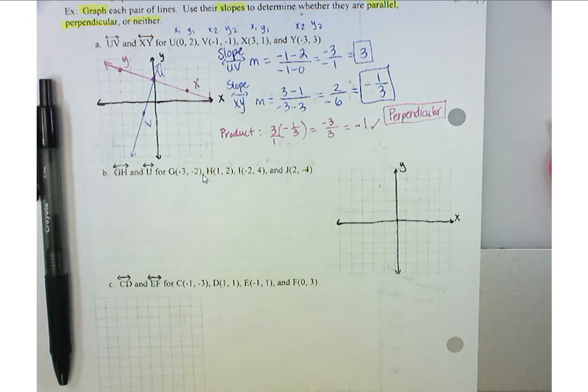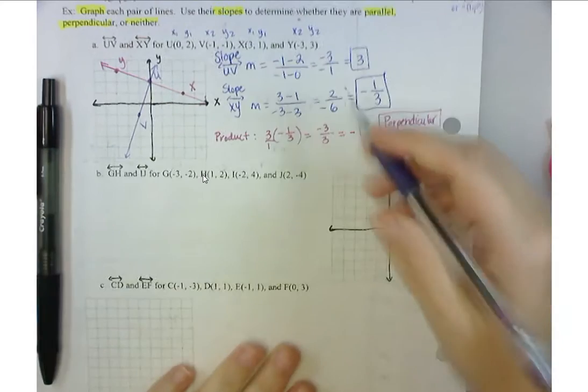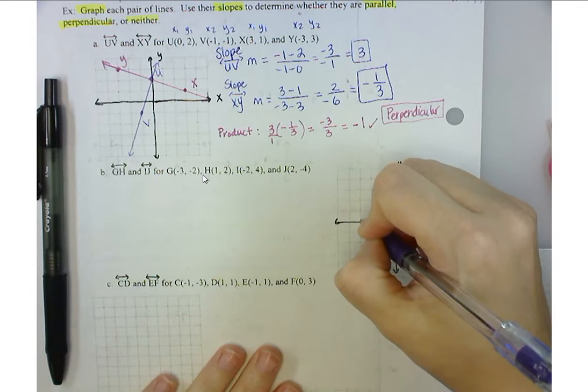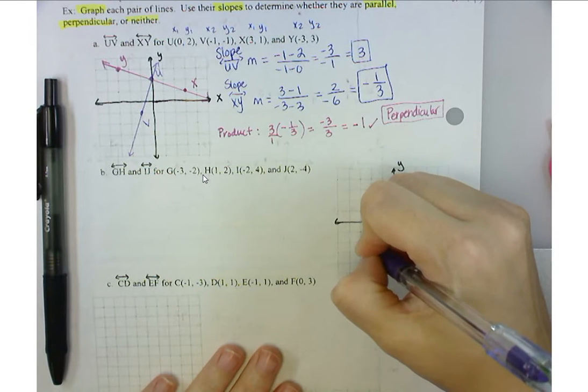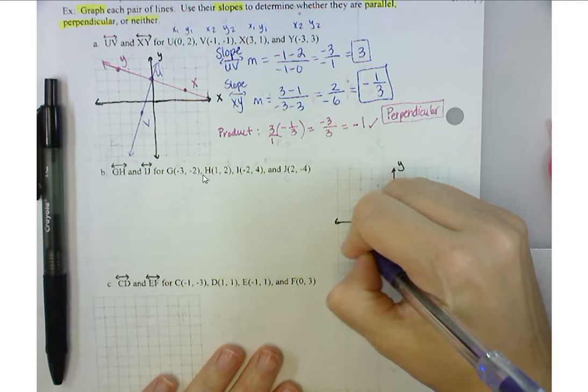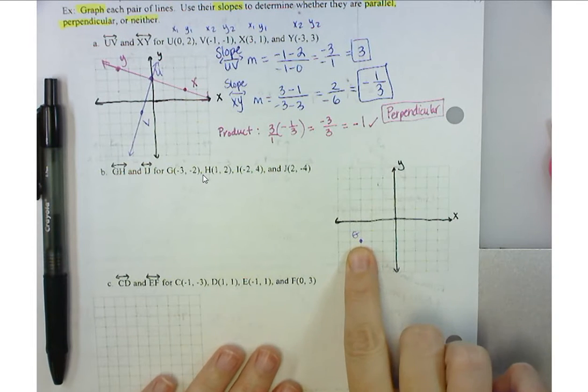And then once you graph it, go ahead, find your slope. When you graph, again, make sure that you labeled your points.